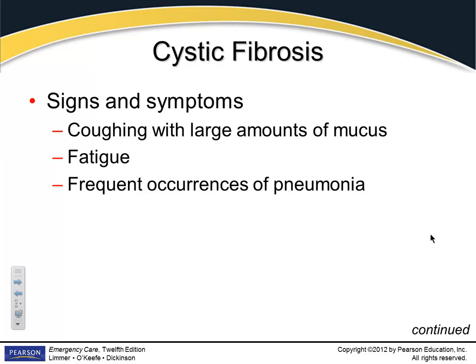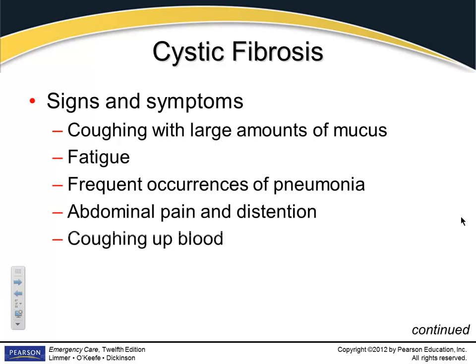I do. Okay, your cystic fibrosis patients are more prone to pneumonia. They get infections from all of that buildup of mucus. You'll notice gastrointestinal or abdominal problems. It may be distended because it acts very dramatically on the intestines. So you may see distension. They may have abdominal pain.